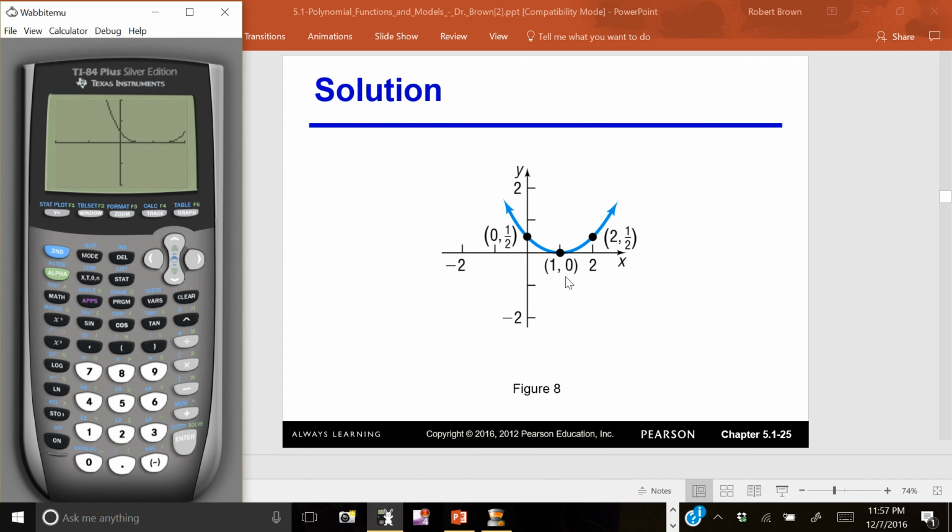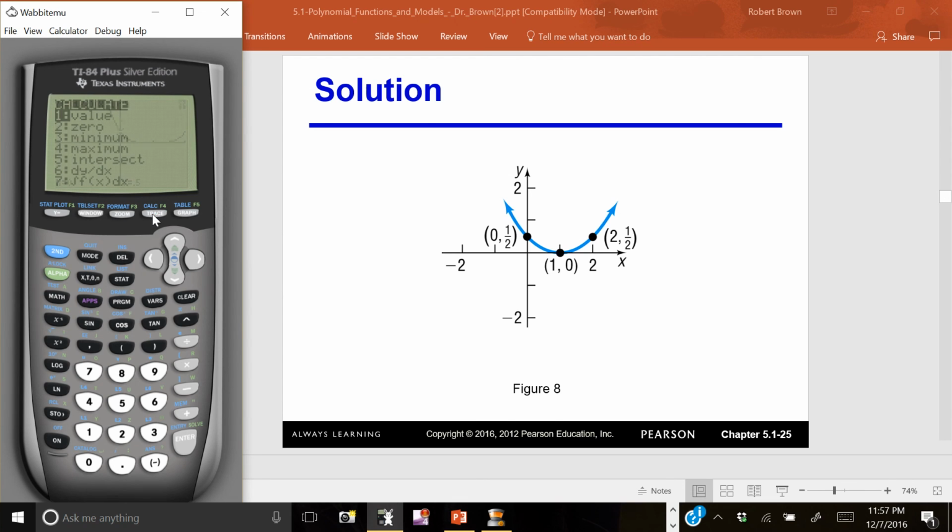You can always check to see if the value at 0 is what it should be by hitting second calc, hitting 1 for value, putting in x equals 0, hitting enter, and you get 1/2. Let's go ahead and do that again.